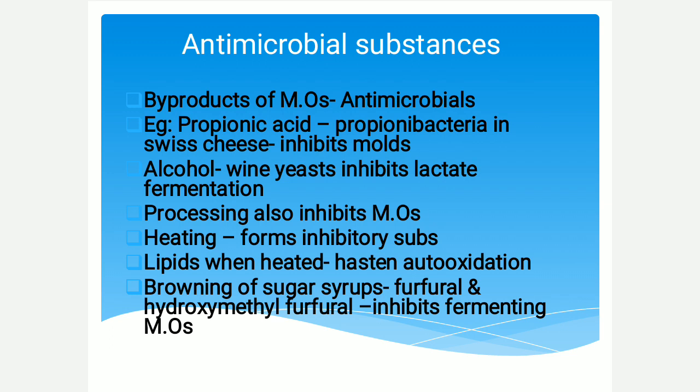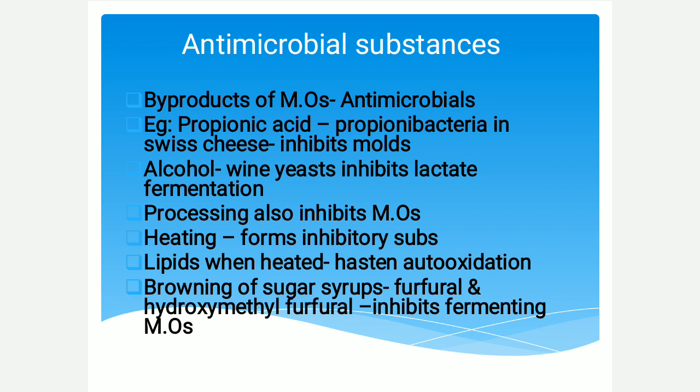Also, certain byproducts of microorganism growth, that is, the metabolic products of microorganisms growing in the food, will act as antimicrobials to others. For example, propionic acid produced by propionibacteria in Swiss cheese is inhibitory to molds.